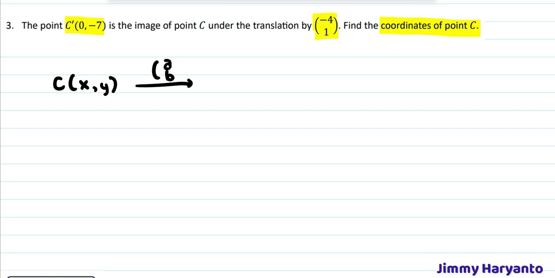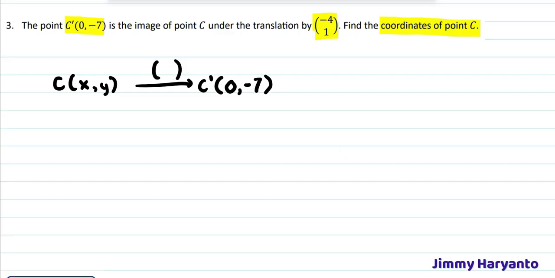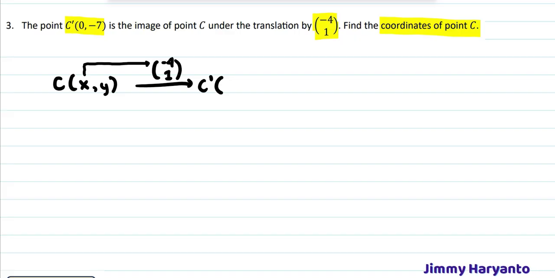This is a and b, and the C prime will be 0, -7. But one more time, instead of writing 0, -7, let's calculate it first using x and y. If this is x and it's translated by -4, you'll have x plus -4 right here.